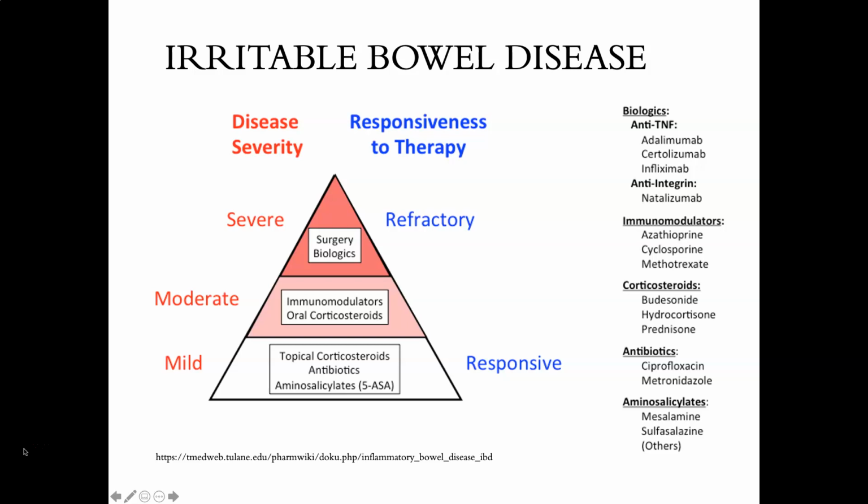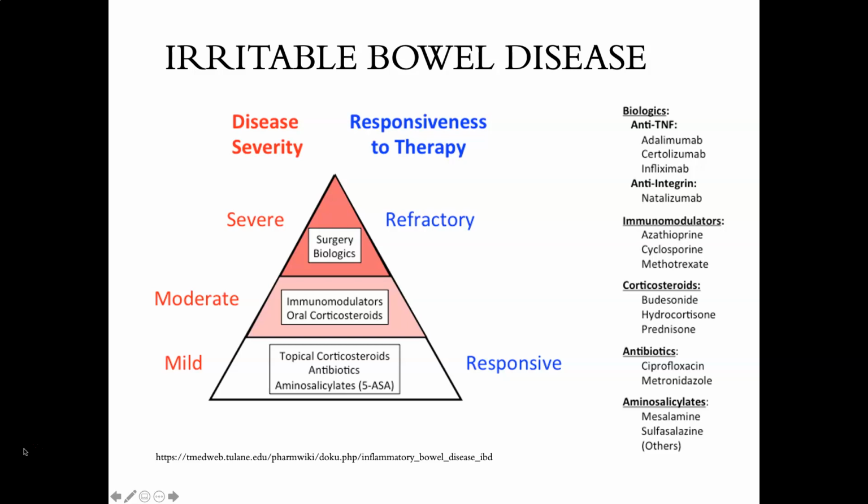As you move into the more moderate category where it's not as responsive, you might see immunomodulators and oral corticosteroids being prescribed. When you get to severe irritable bowel disease that is refractory, meaning it's not responsive to therapy whatsoever, that's where you end up with the surgery biologics.